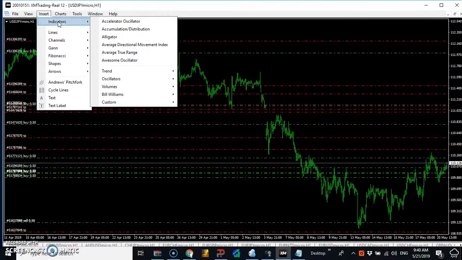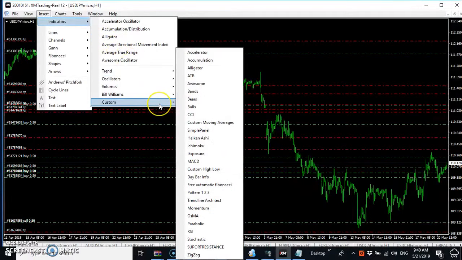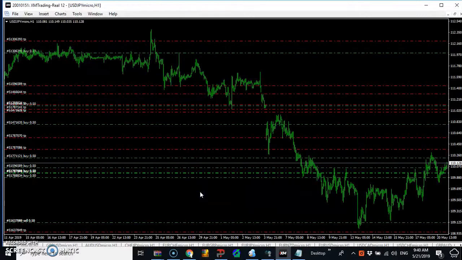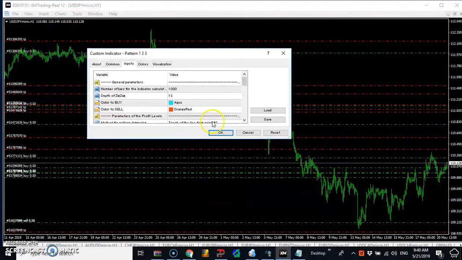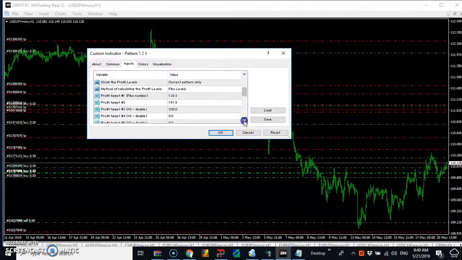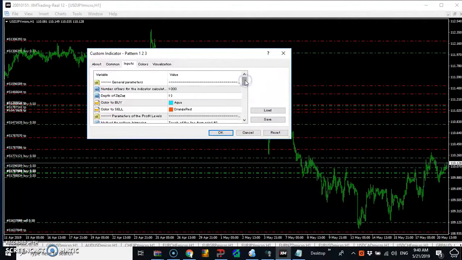Here we have a custom indicator, and we choose the pattern 1 2 3 indicator. I'm not going to touch anything in the settings, and everything is going to be just the way it is, as default.